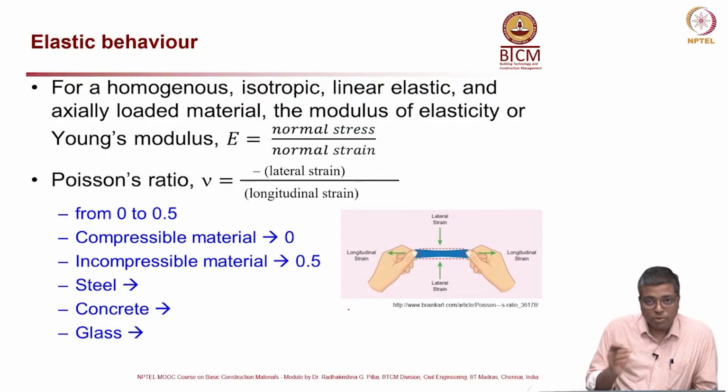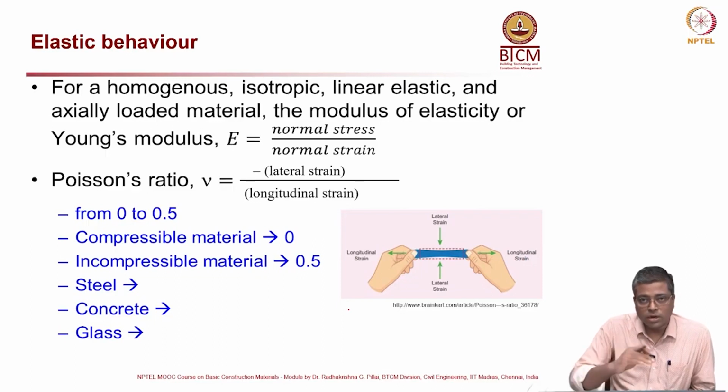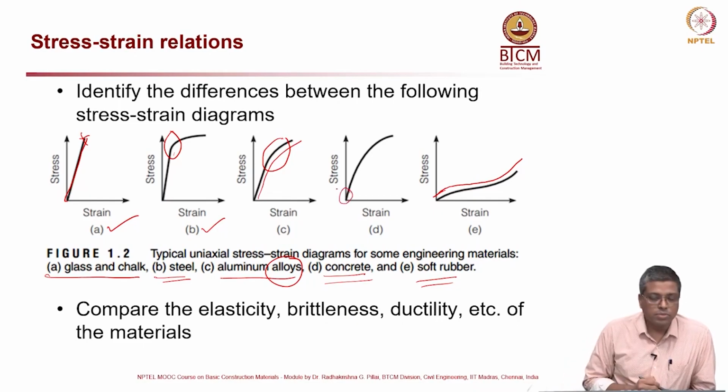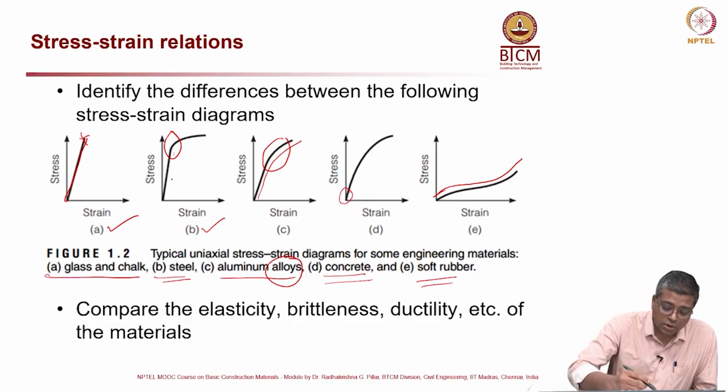Otherwise, like I showed in the previous slide, if it is like concrete, there is no straight line available, in this case here the straight line is only for this much. So, it is not as homogeneous as steel. In case of steel, you have a very long straight portion.